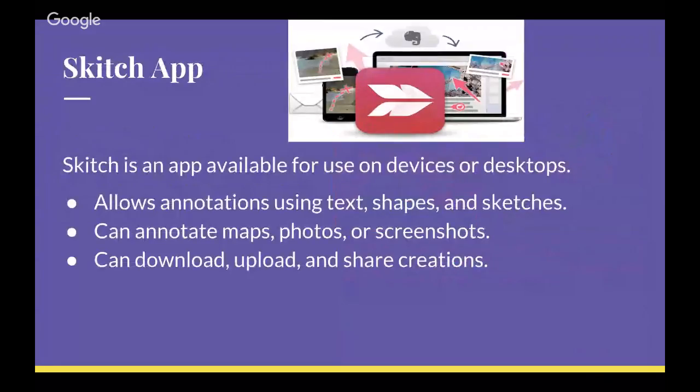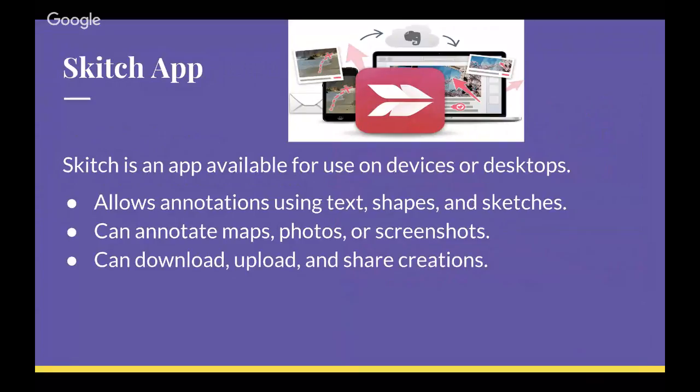Today I'm going to show you what it looks like to use it on a desktop, simply because I am on a desktop, but it is available for use on iPads. It allows students to annotate using text, using shapes, using sketches. They can annotate photos, screenshots, maps. You can download their creations or they can share their creations with you so that then if needed, you can grade and track progress with those.